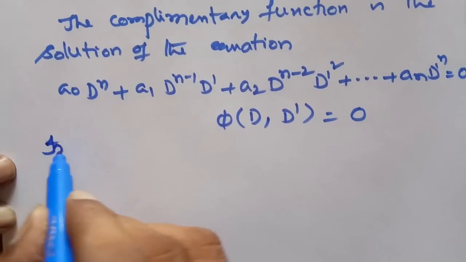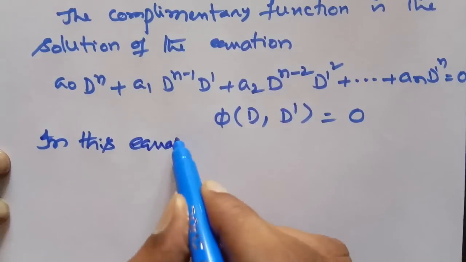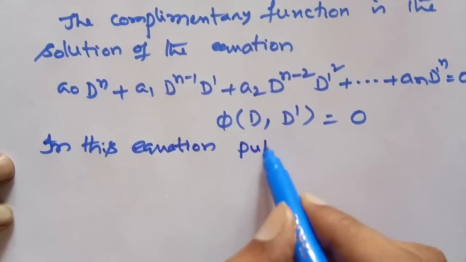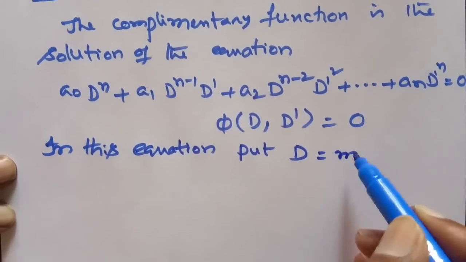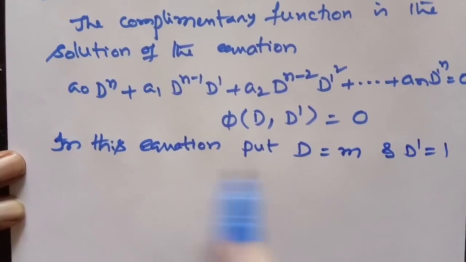In this equation, put capital D is equal to m and D dash is equal to 1.